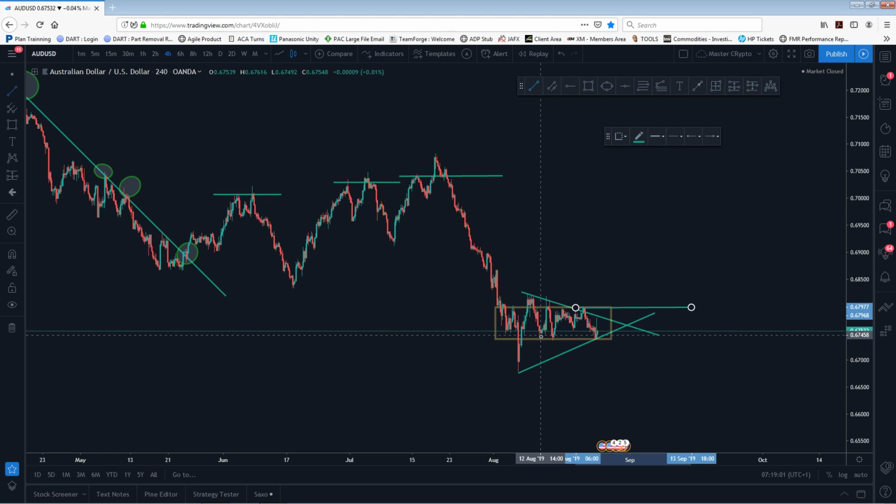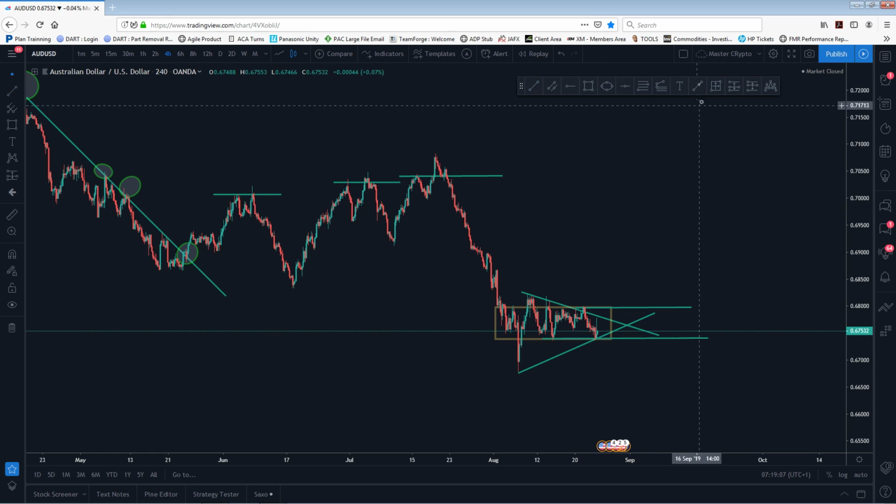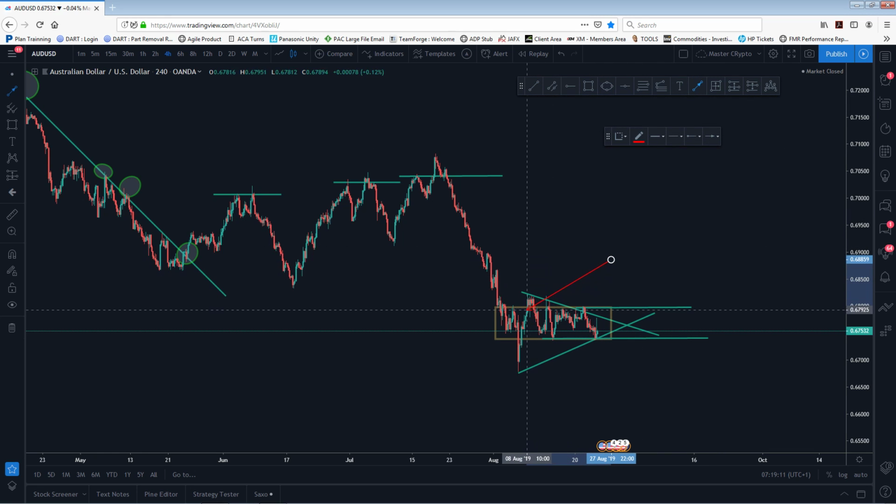Just remember that. So I'm just drawing out these levels here. Why I'm drawing these levels is because price has come and hit this level many times, right? Down here, it hit that level at least twice. Anyways, this is the zone that it's stuck in right now, right?